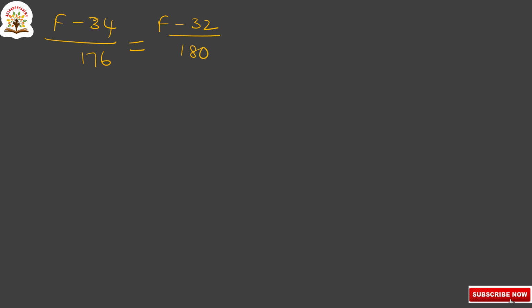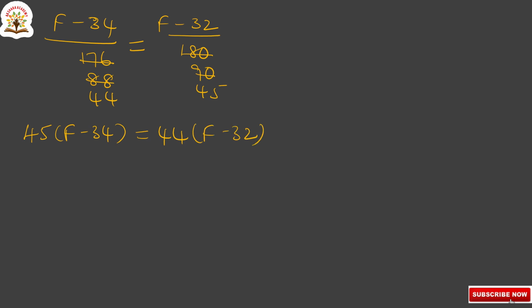Here we are cancelling: 2 8s are 16, 2 9s are 18, 2 44s are 88, 2 45s are 90. So now taking cross multiplication, we get 45 into (F minus 34) is equal to 44 into (F minus 32).